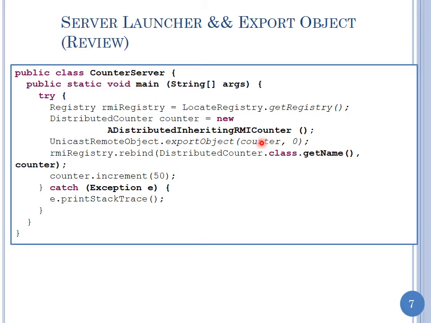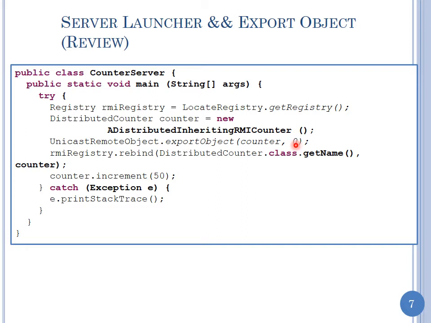In that hash table, it's saying the key is counter and put a proxy there. Is it the port number on the computer? Yes. What happens is that this is really saying that whenever messages come to me, 0 means choose a default port.